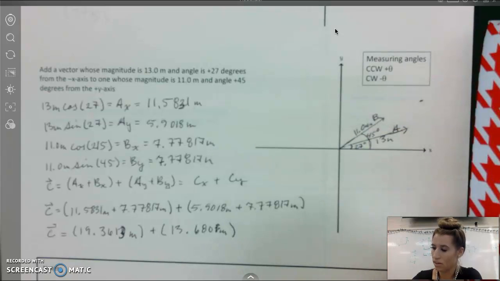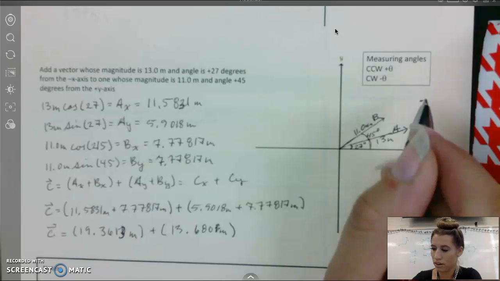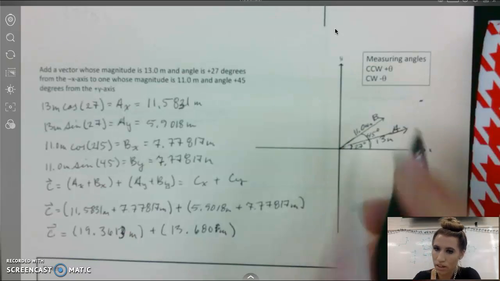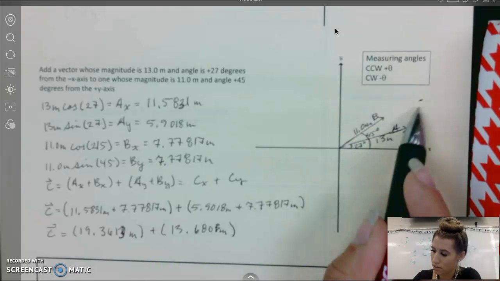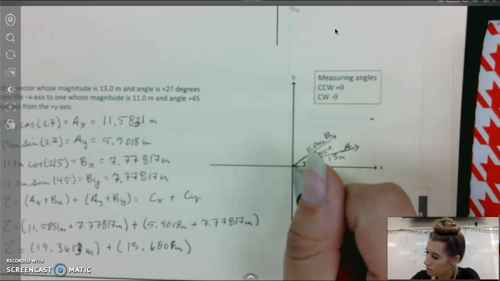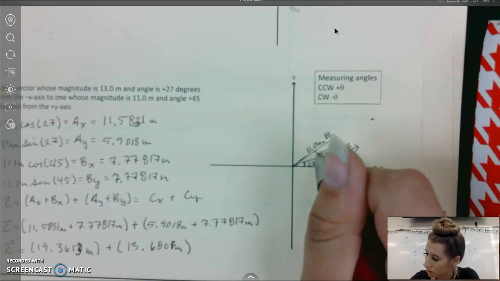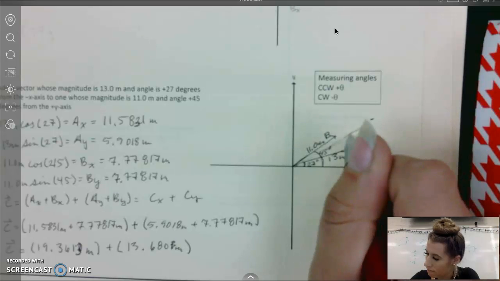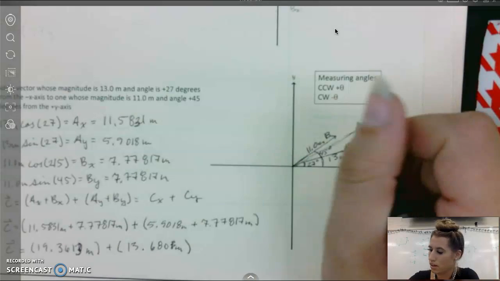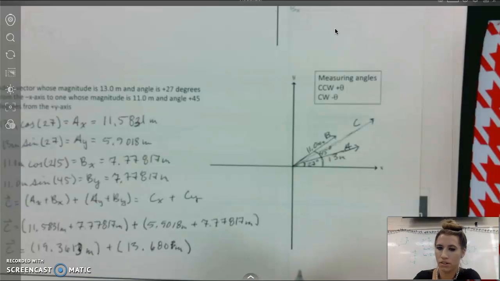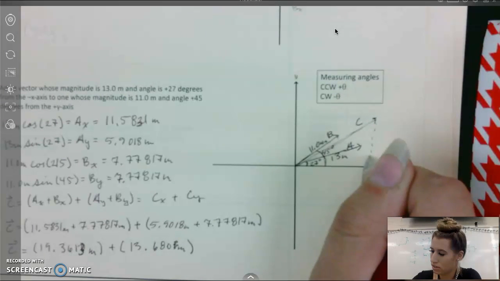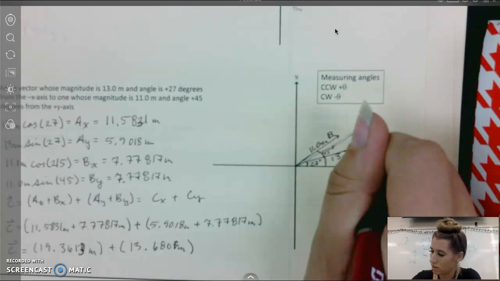That would be my resultant vector, from the origin out, like that. I'm going to just draw it really lightly here. We're going to have some resultant, that's going to be our C value. And so we have C sub x and C sub y.